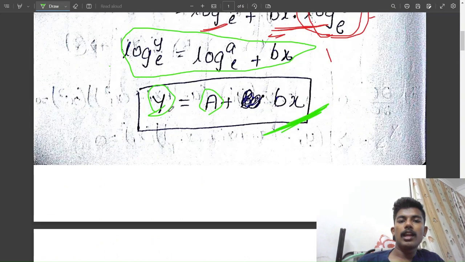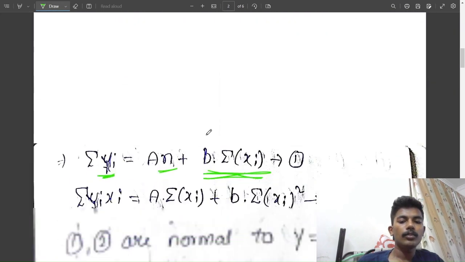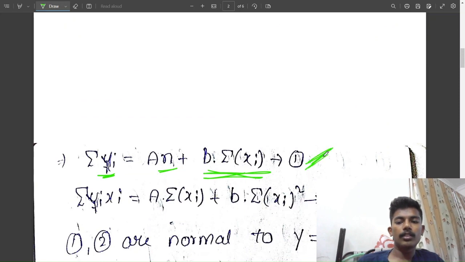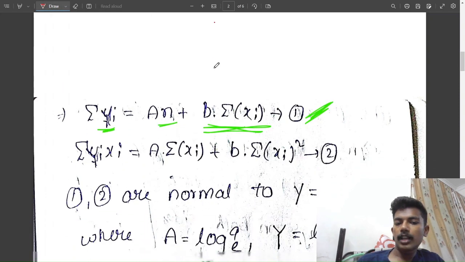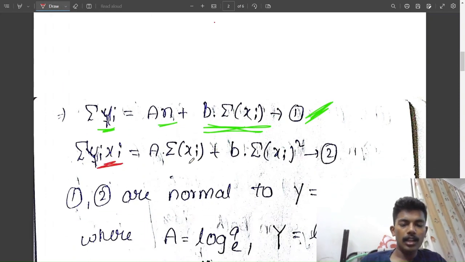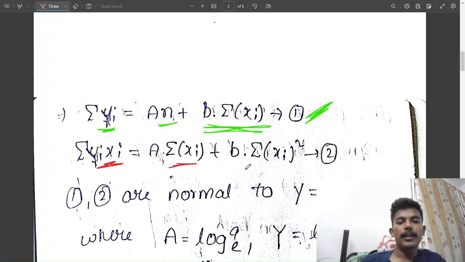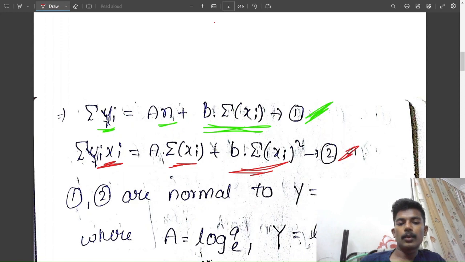That is, applying summation, we will get equation 1, and by applying summation with respect to x, sigma yi into xi is equal to a into sigma xi plus b into sigma xi square. So, we will get equation 2.